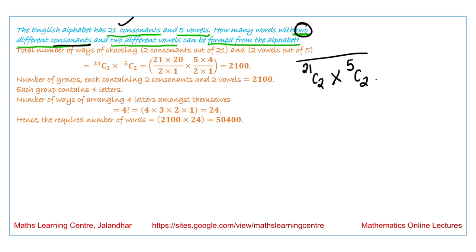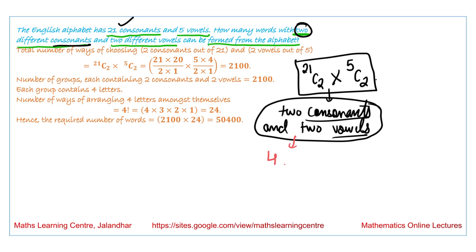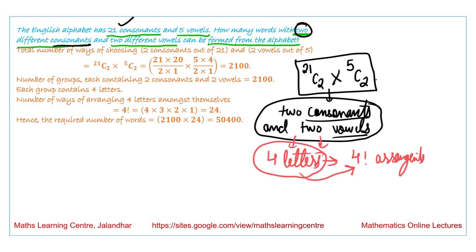So we have these many options to choose 2 consonants and 2 vowels. Now when we have chosen these consonants and vowels, we have basically chosen 4 letters, and from these 4 letters we can form 4 factorial arrangements.